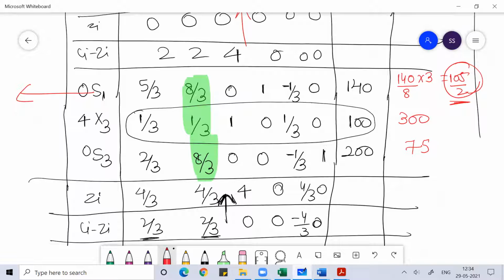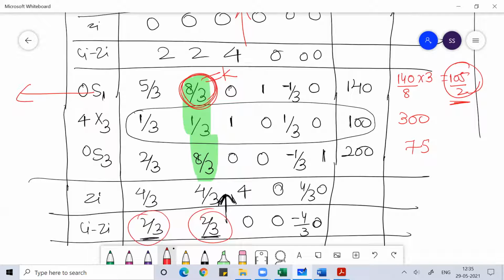And what would be the pivot element, guys? This would be your pivot element, the corresponding value of the column which is entering and the row which is exiting. Out of x1, x2, any one can enter.